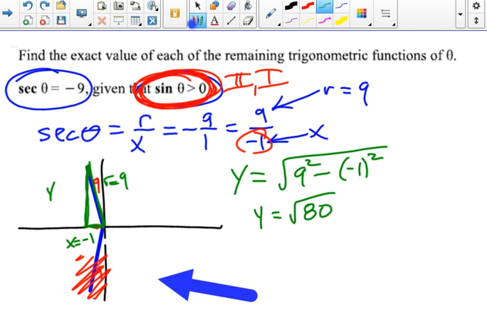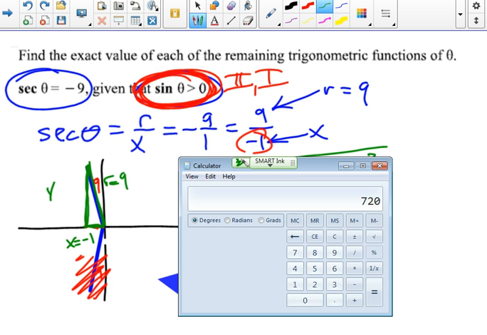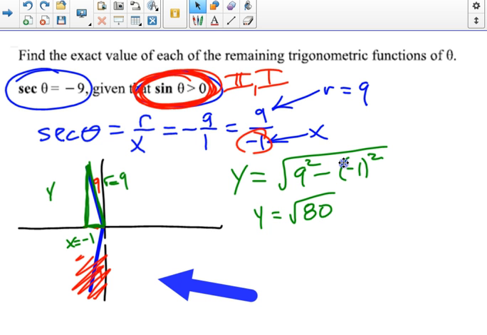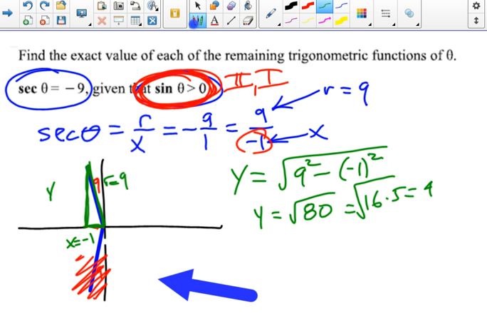Let's go with 16, I bet 16 goes into it. 80 divided by 16 equals 5. So this comes out to be the square root of 16 times 5, which is 4 times the square root of 5. So y is equal to 4 times the square root of 5.